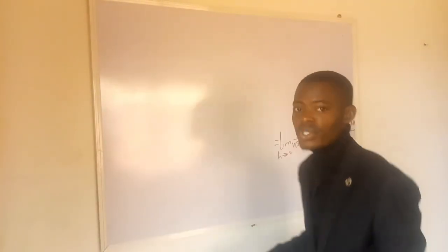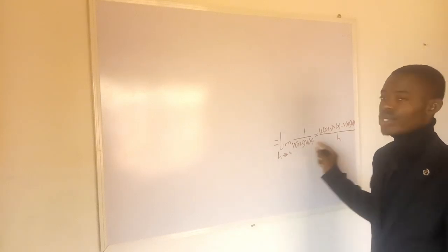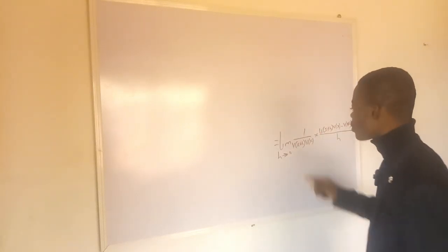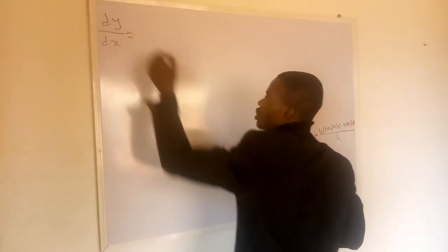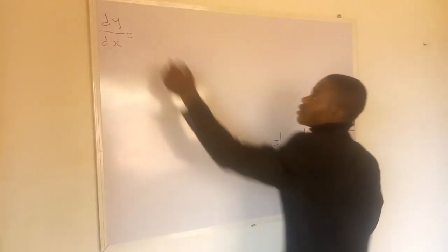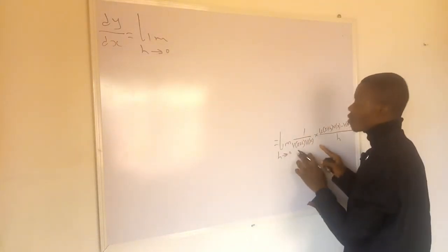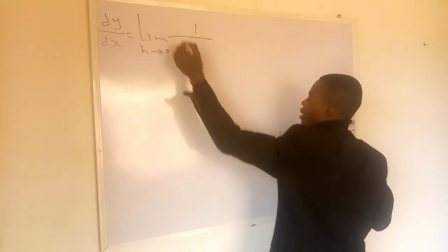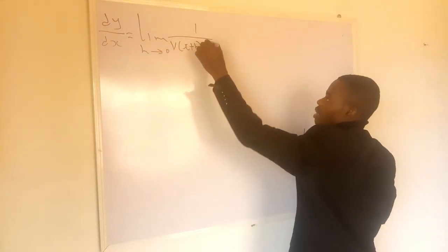So as we are moving on, this is where we stopped. Now we can continue the simplification after getting rid of some stuff. Then we have dy/dx equals the limit as h approaches 0 of 1 divided by v of x plus h multiplied by v of x.